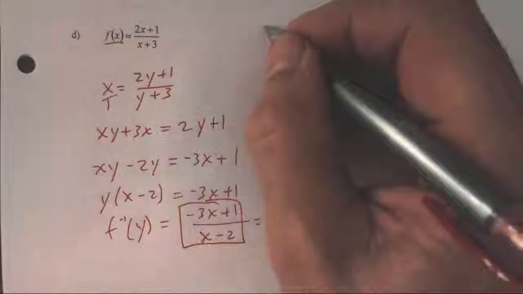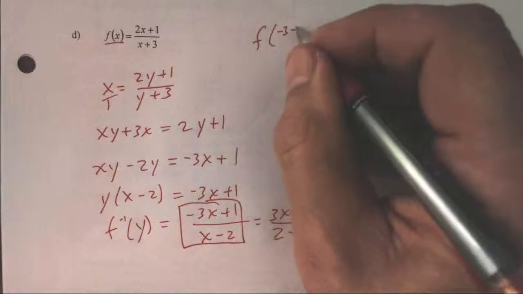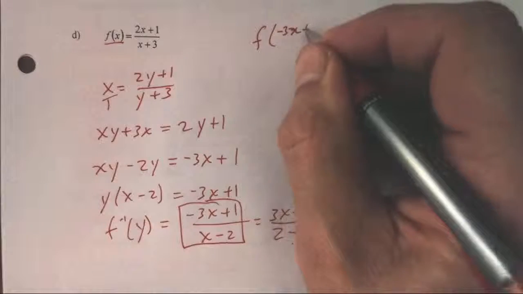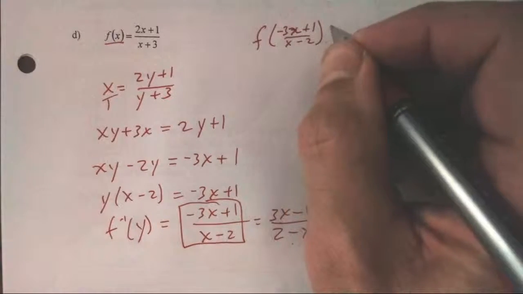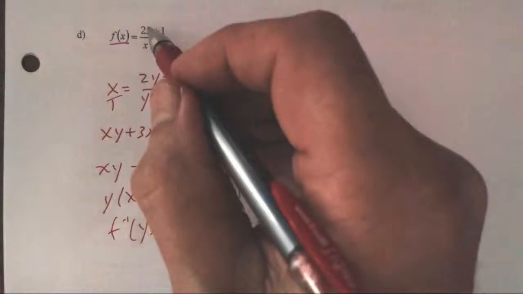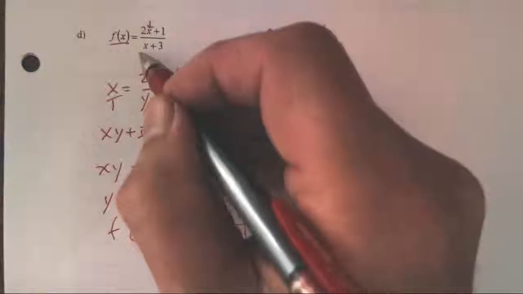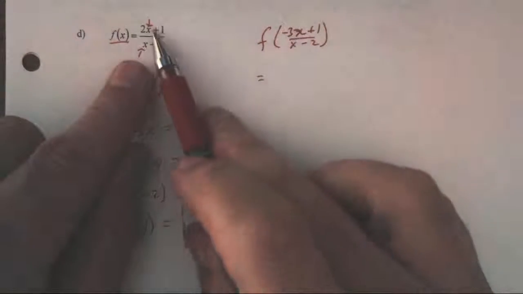So I need to show that f of my inverse function, negative 3x plus 1 on x minus 2, is equal to x. Well, f is a factory. It puts things here and here. So what I've got is a mess going into something that creates a mess.